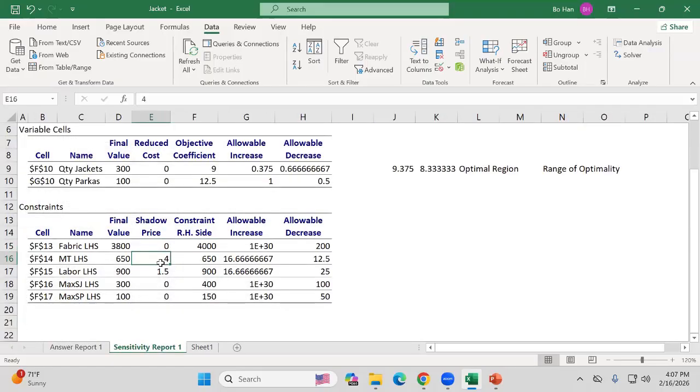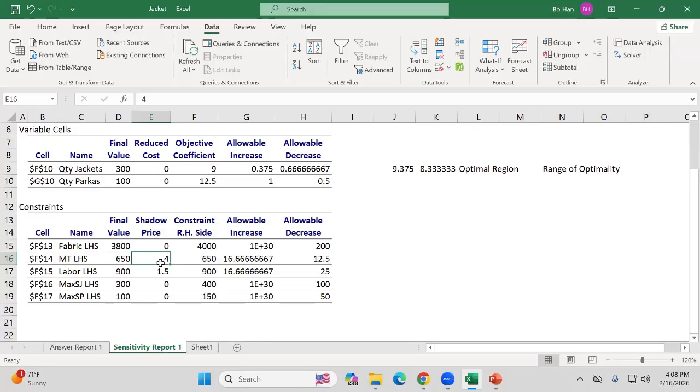the second constraint, 4. What does this mean? Again, going back to the definition I just gave you, shadow price shows how much the objective value will change if you have one more additional resource to put into that constraint.